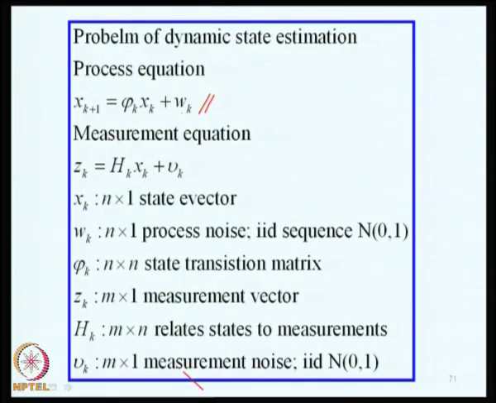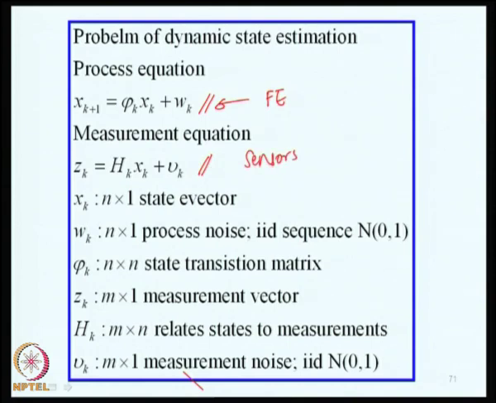So suppose we are interested in the process equation, which is obtained by a mathematical model, x k plus 1 is phi k x k plus w k. Then the measurement is on another quantity z k, which is a linear transformation of the states. The process equation can come through, for example, finite element modeling in structural engineering applications. The measurement comes through our sensors.